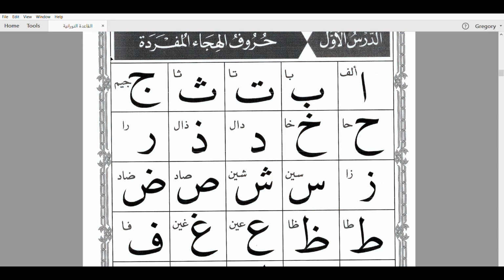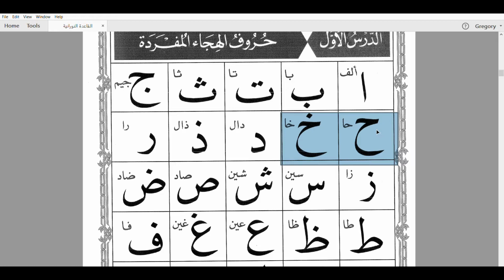Then you have jim. Jim, an American colloquialism that we put it, this looks like an arm right here, like somebody is holding a basketball, and we think of it as Michael Jordan, Jim, right? Jim with his Jordan. The next 2 letters, you can see that these are shaped similarly, right? They just have different dots. So this letter here is ha. It's a heavy H. It's kind of down in the bottom of your throat, ha.